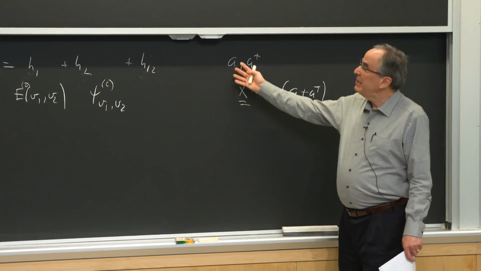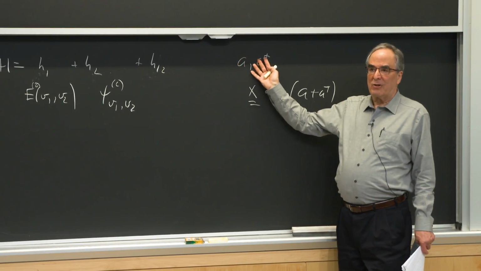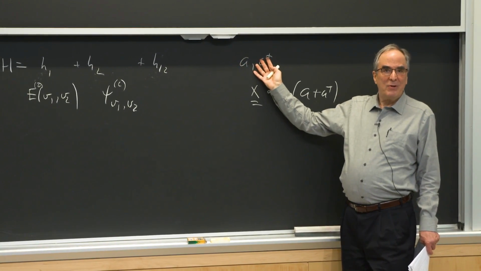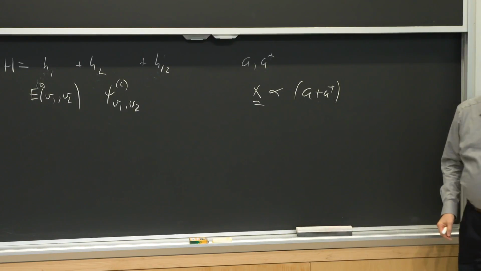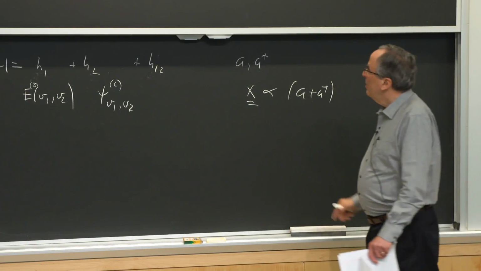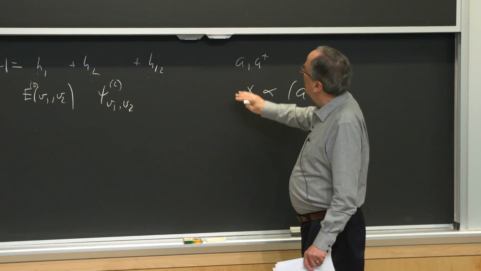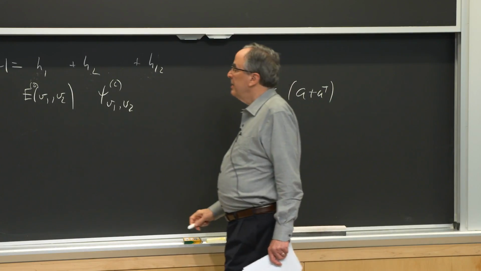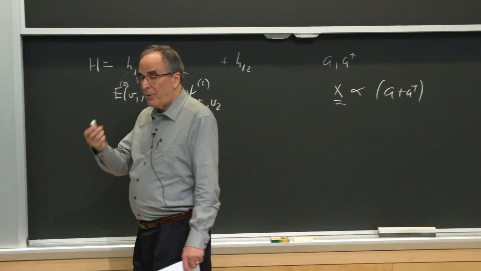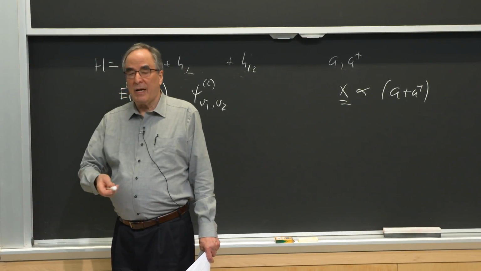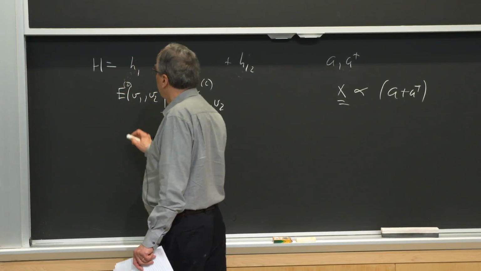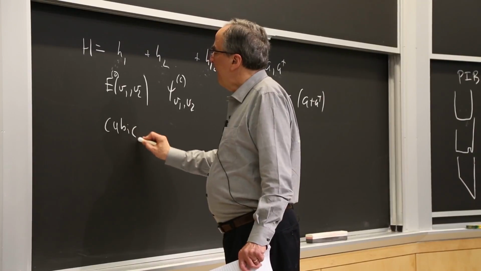So we like these things because we don't have to do any integrals. They're all done for you. And so we're then going to use these sorts of things to deal with the most important terms beyond harmonic. And so there's a cubic and there's a quartic.